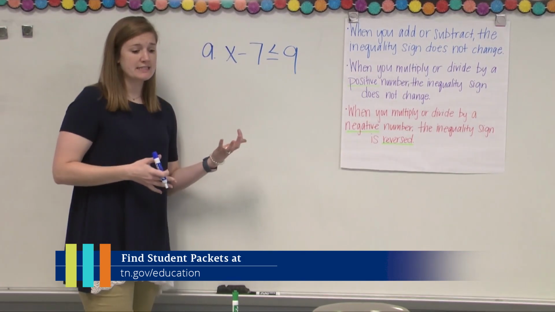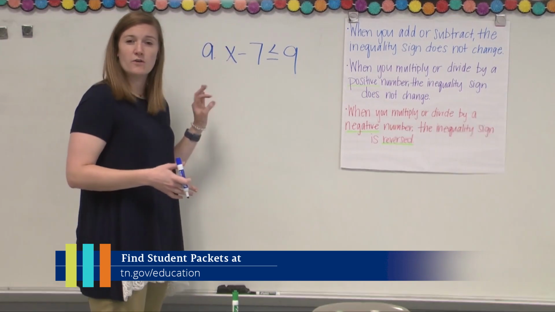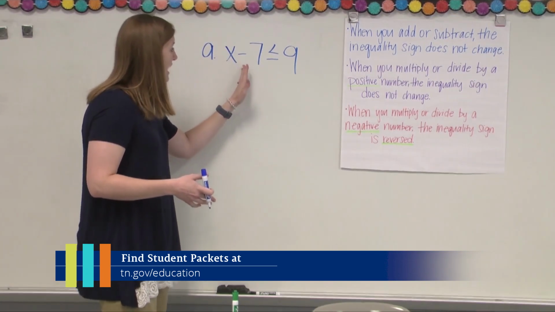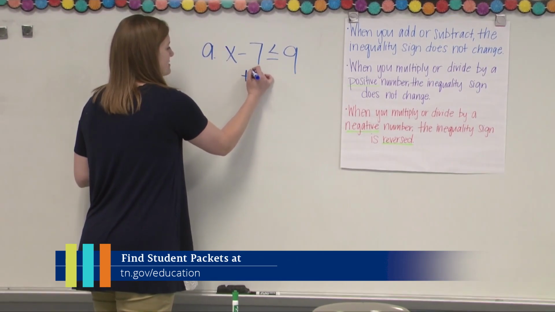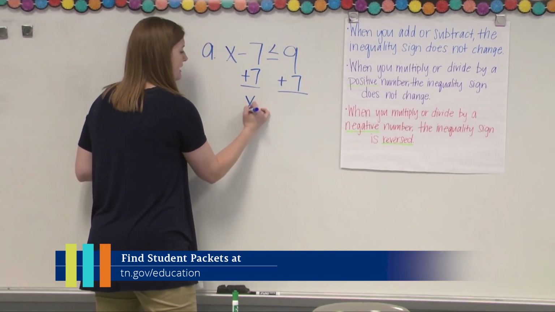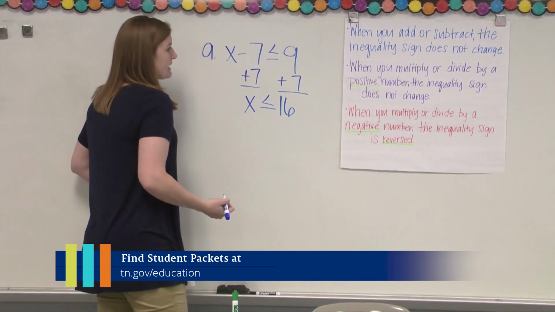Just like we did together a second ago, you're going to be thinking through how to solve this inequality. The inverse operation of subtracting 7 is adding 7. So I'm going to add 7 to both sides. So x is less than or equal to 16.